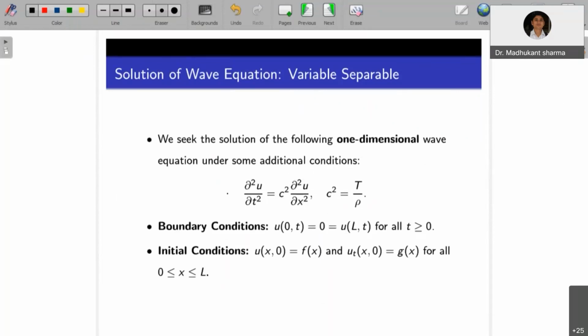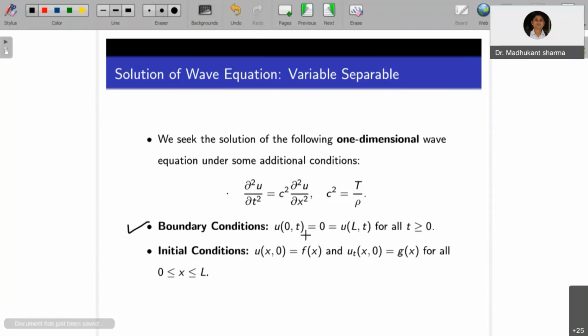If you increase one more term, plus dou square u by dou y square, that will go to the two-dimensional, and you can increase as many dimensions as you wish based on the problem. Now we are seeking the solution of the following one-dimensional wave equation under some additional conditions.